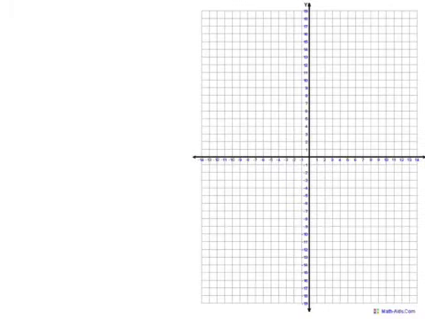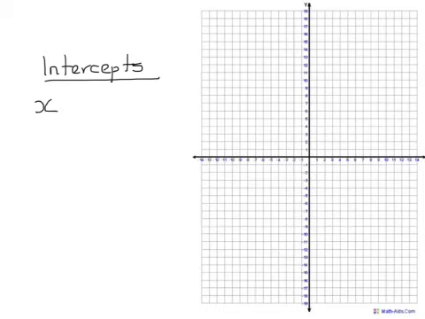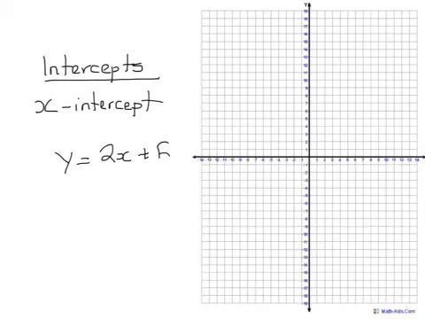First, we're going to learn how to find intercepts. To find the x-intercept, for the equation y equals (2x plus 5) over (x minus 1), you assume that the numerator is equal to 0.